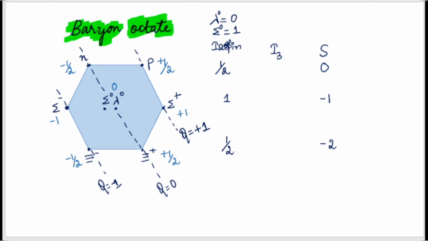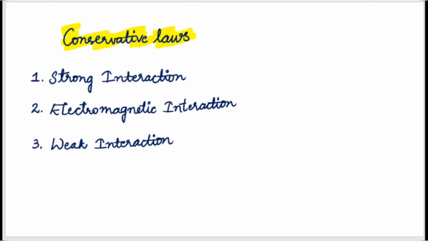Now we will move on to the final concept of this session, that is conservation laws. Why did we study all this? To check whether a given reaction is a strong interaction, an electromagnetic interaction, or a weak interaction.